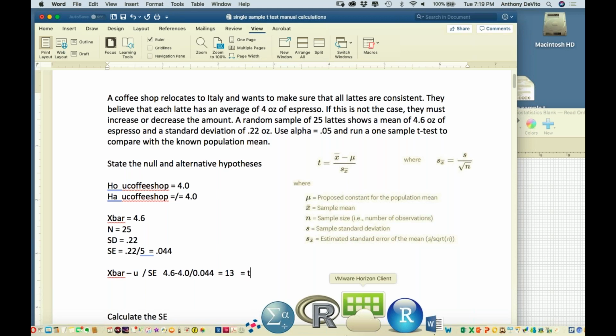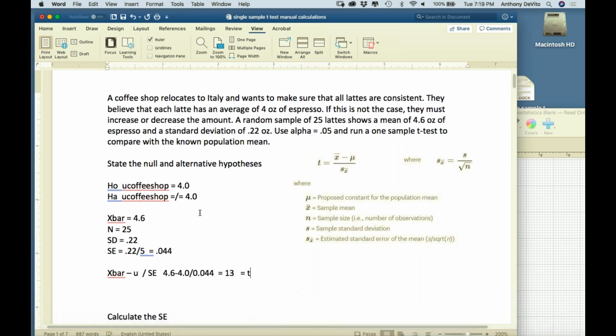Okay, well, I'm going to change the numbers here to make it a little bit more likely. Let's make it 4.1. Let's say the average was 4.1, and the population mean is 4.0. So this is 0.1 over 0.044.